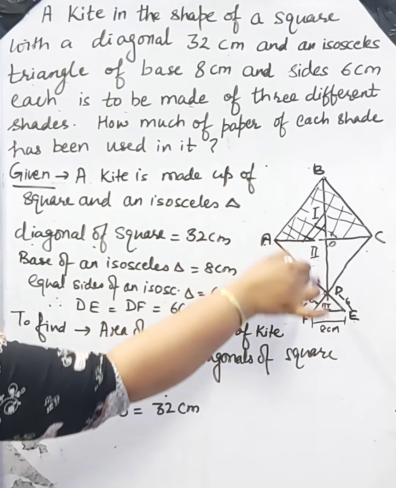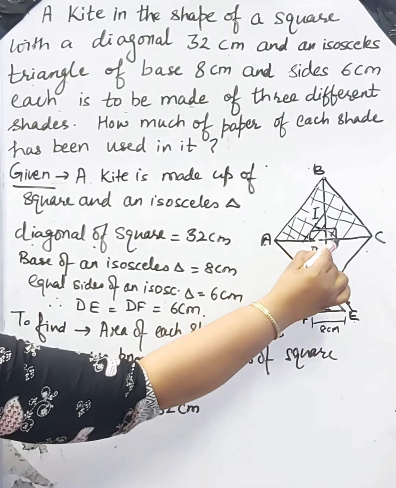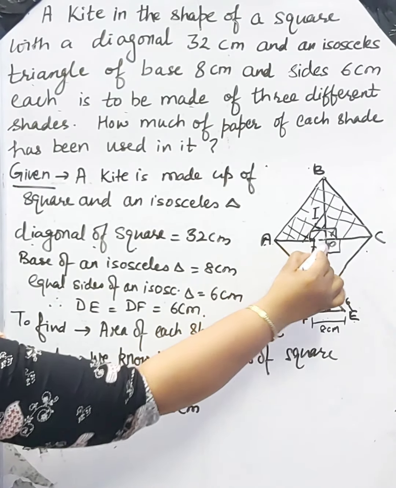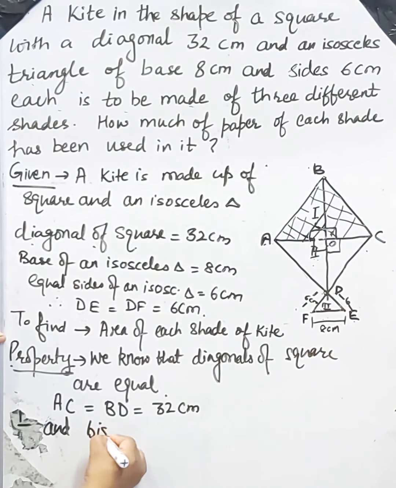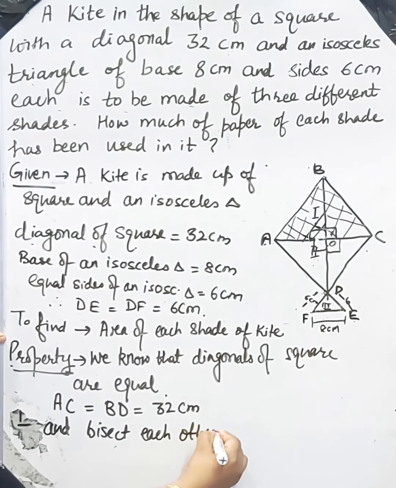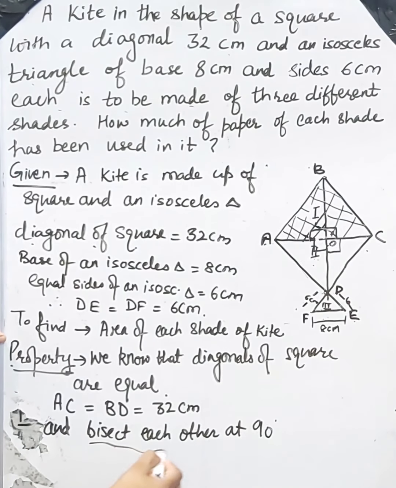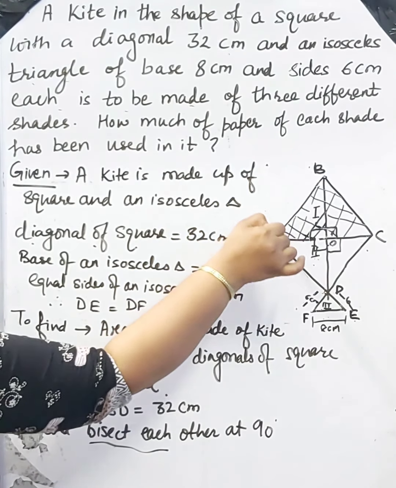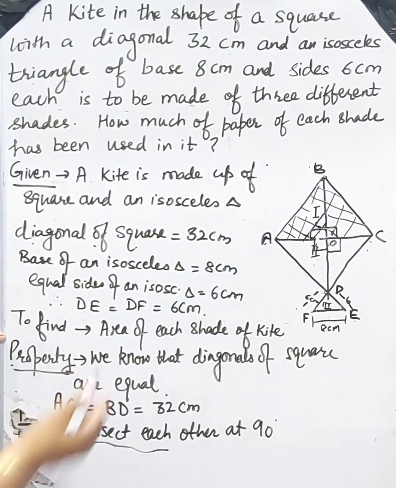We know that diagonals of a sphere are equal and bisect each other at 90 degree. Bisect each other means AO equal to OC and BO equal to OD.